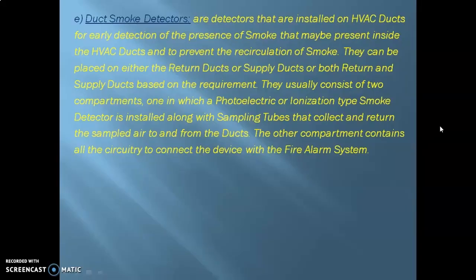Basically these are installed on HVAC ducts, inside or on the outside, depending upon what kind of duct detectors they are, and they are used for the early detection of smoke that may be present inside the HVAC ducts, for the protection of the HVAC units on the roof, or for the building protection as well.